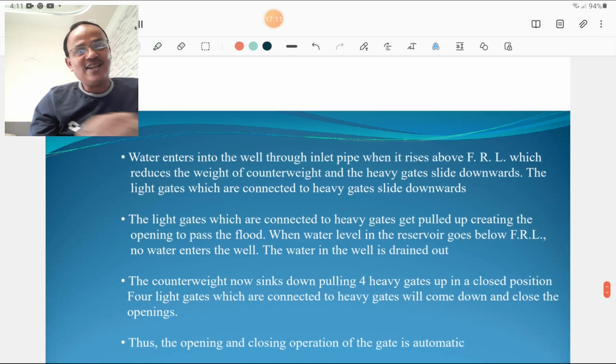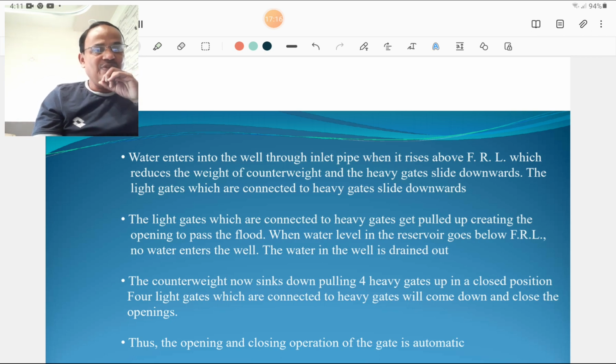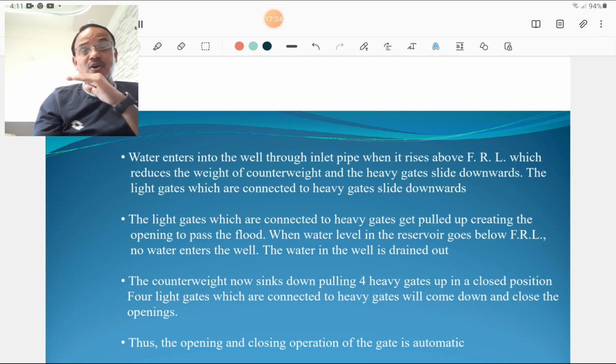When water enters the well through the inlet pipe, when water rises above the FRL, the spillway comes into the picture. When the water level rises up to the FRL or more than that, and goes up to the HFL and the top of the dam, such a spillway arrangement is provided to carry that water from the upstream side to the downstream side.